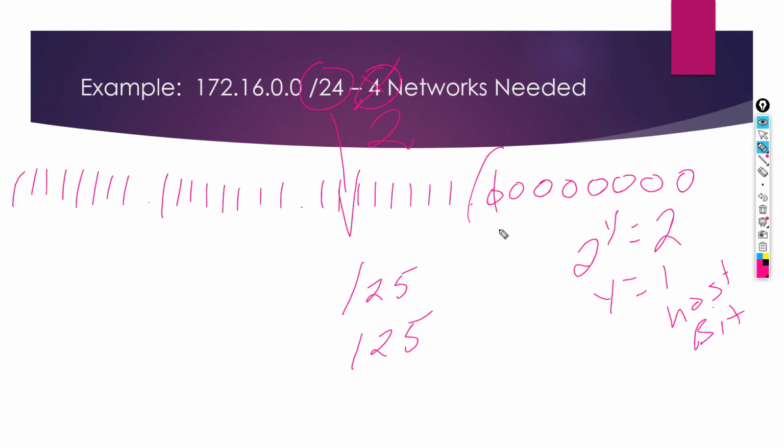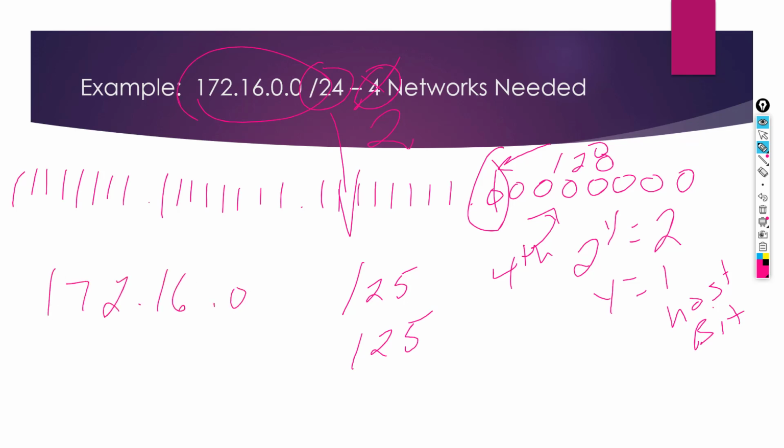Then we just determine the bit positional value of that last network bit. It's 128, and in this case it's on the 4th octet. So we'll start with our base, 172.16.0.0, and add 128 to the fourth octet to get to the next network.